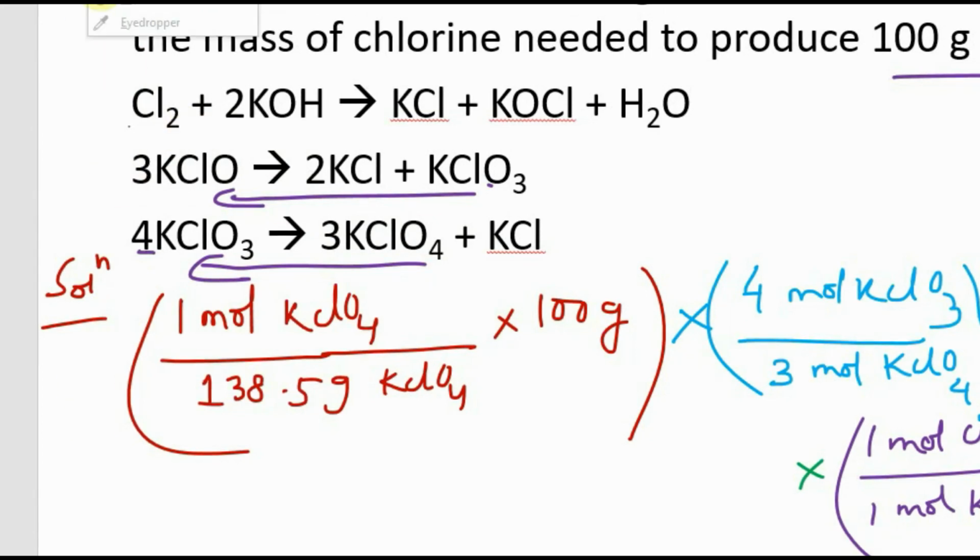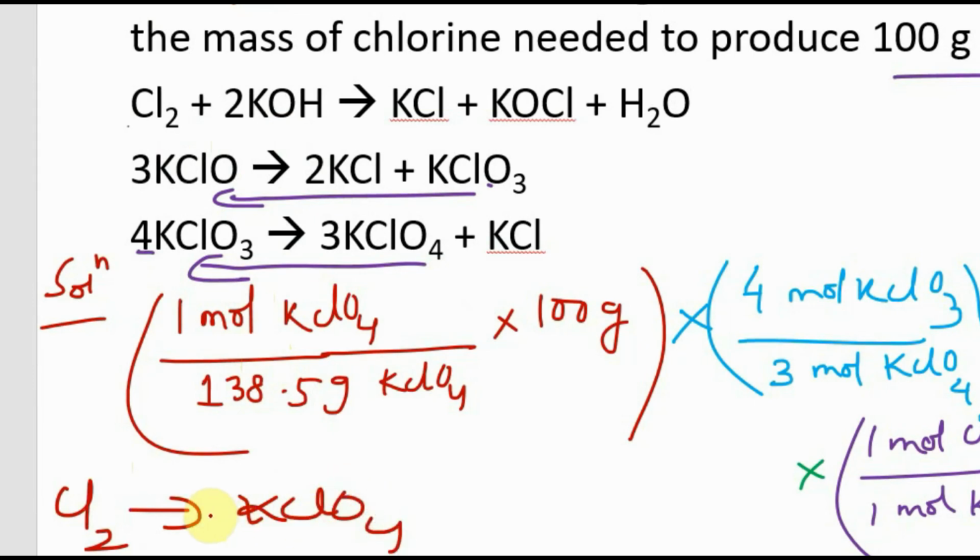Supposing we forget to use this dimension analysis or the conventional method, we simply correlate all, KClO4 has come from this. Then we need not balance. Simply write chlorine here, KClO4 here.